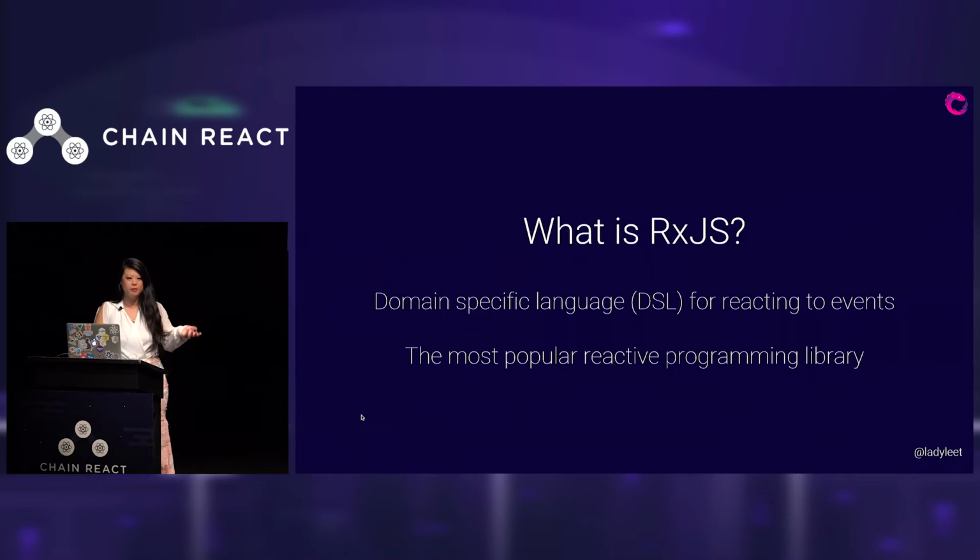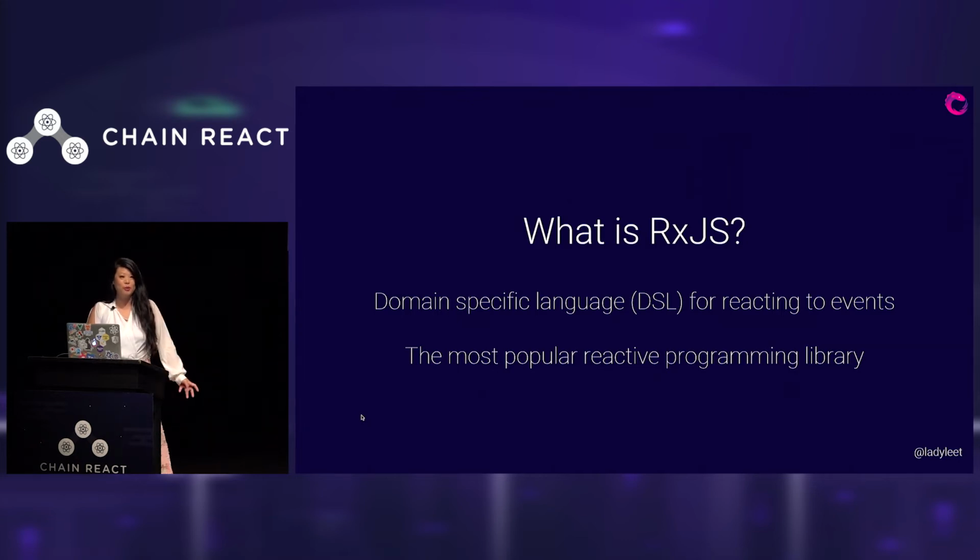There are a lot of different implementations of reactive programming, obviously. But RxJS in itself is a domain-specific language for reacting to events. It sits on top of JavaScript, which is one of the reasons I really like it, because you can take that knowledge anywhere. You don't have to go with a framework or library of choice at the time.